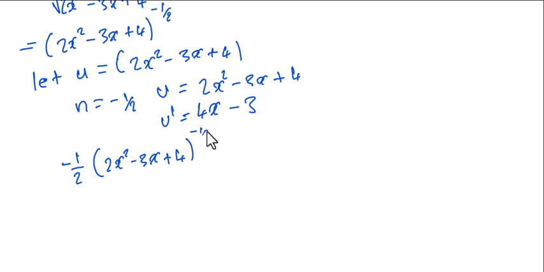Negative 1 over 2 minus 1. Okay, so minus 1 multiplied by our u prime. So what's our u prime?